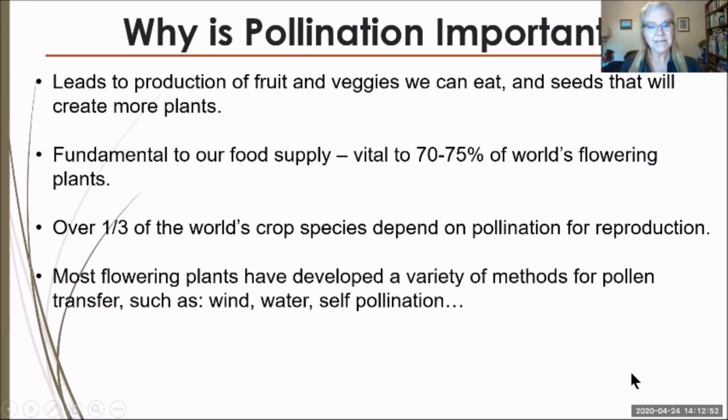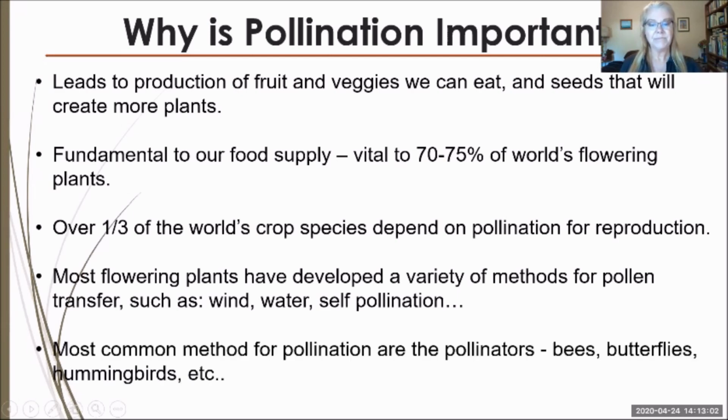Most flowering plants have developed a variety of methods for pollen transfer, such as wind, water, and self-pollination. However, the most common method for pollination is the pollinators, the bees, the butterflies, the hummingbirds, etc.